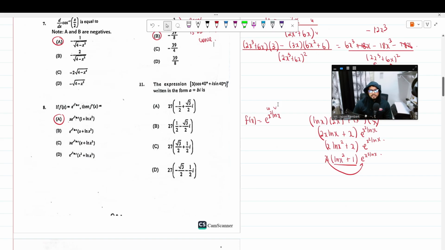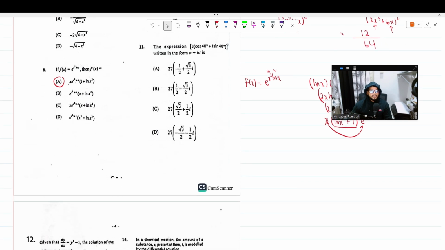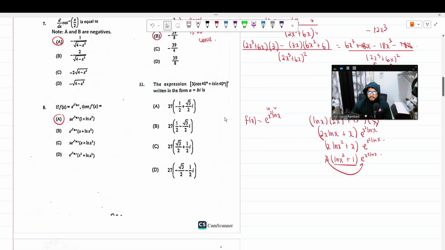All right, number 11, the expression when written in the form a plus bi, is that a square on top? I would like to say that is indeed a cube on top, right? So the first thing I'm going to do, I'm going to expand out the 3. Actually, no, I'll leave the 3 cubed like that, because I'm seeing 27s on the outside here.